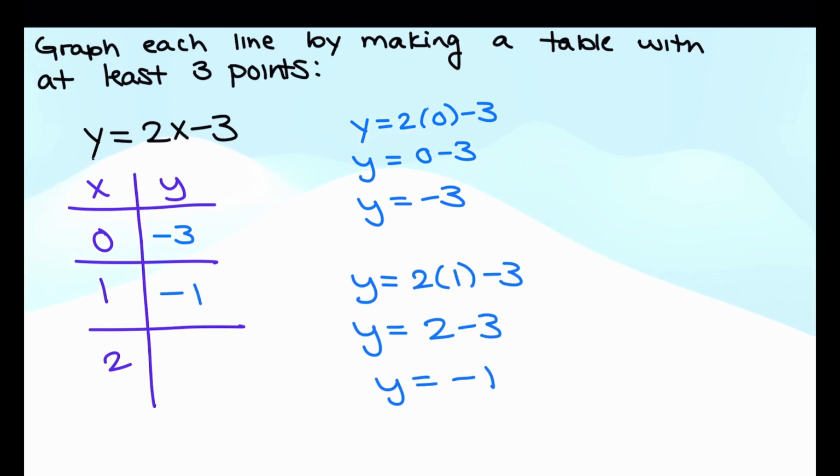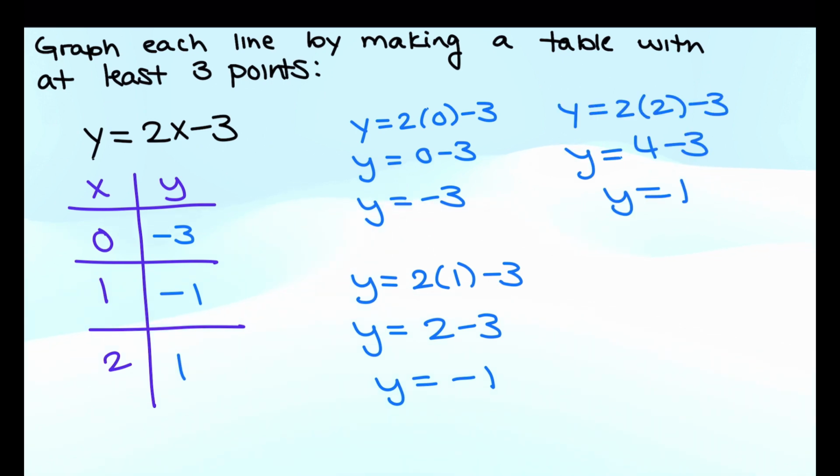I plug that into my equation: y equals 2 times 1 minus 3. That's 2 minus 3, or negative 1. So our next solution point is (1, -1). And then finally, I'll plug x equals 2 in. y equals 2 times 2 minus 3, 4 minus 3, or 1. So we've got the point (2, 1).